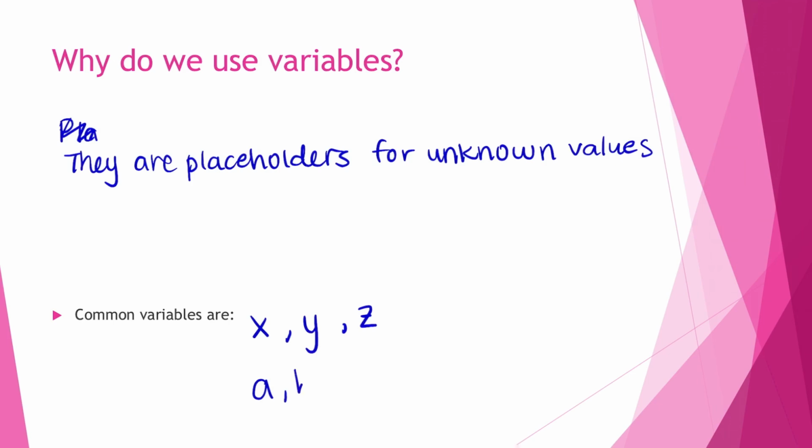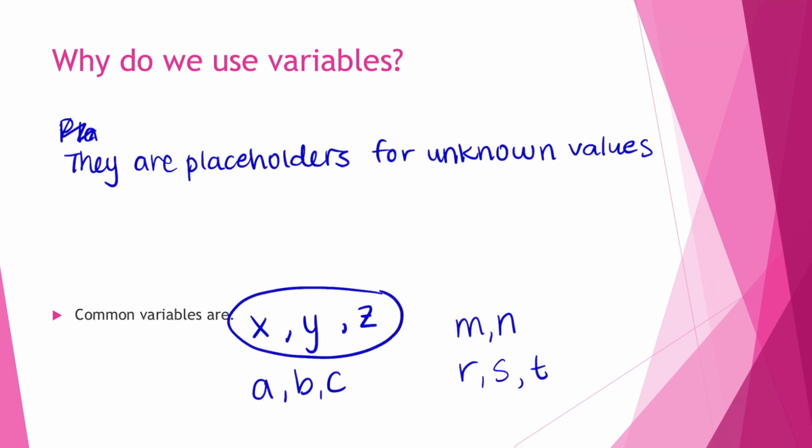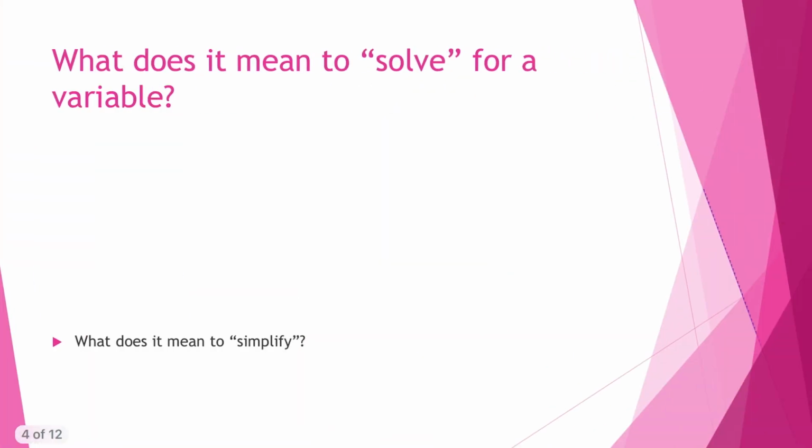Other groups of letters you'll see are like A, B, C together, or you'll see M and N together, or you'll see R and S together, maybe T. Often you'll see groups of letters that are right next to each other, but these are the most common ones, with X and Y being the most common of them all. And of these two, even X is your most common one. So X is the most common variable. The other ones kind of follow through.